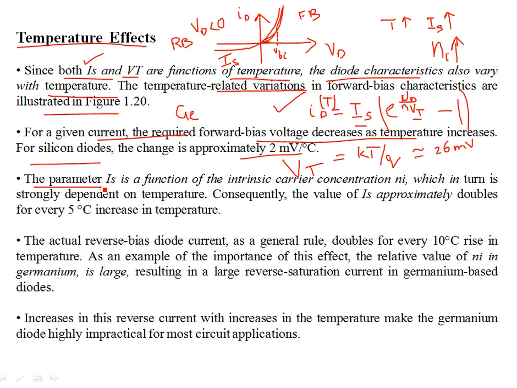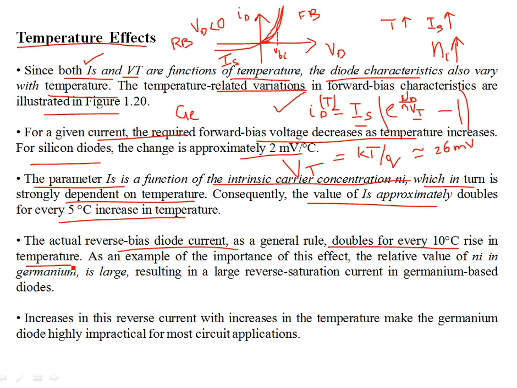Now the parameter IS is a function of the intrinsic carrier concentration, Ni, which in turn is strongly dependent on temperature. Consequently, the value of IS approximately doubles for every 5 degrees centigrade temperature rise. The actual reverse bias diode current, as a general rule, doubles for every 10 degrees centigrade. So if you have a real silicon reverse bias diode, in practice, for every 10 degree rise, the reverse saturation current doubles.